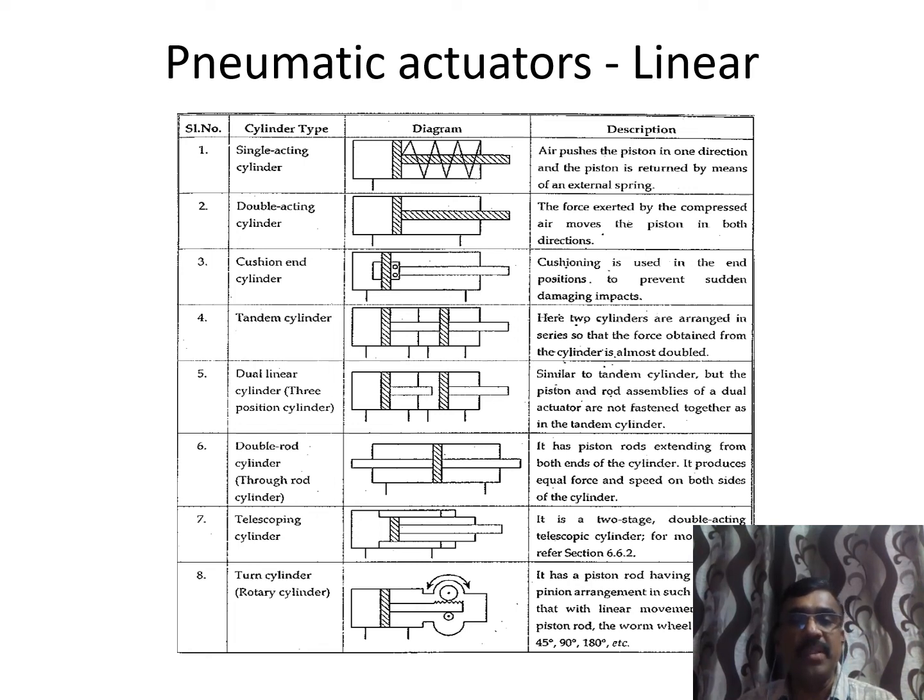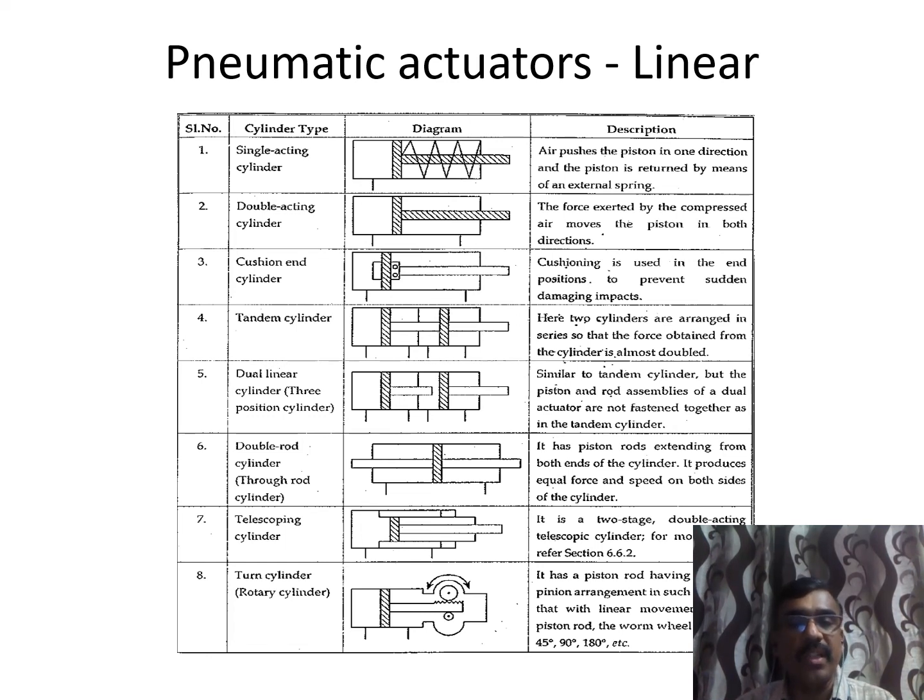A tandem cylinder is used if the cylinders and rods are extending further: this cylinder will operate and push the other cylinder further, so the extension will be very long. Then we use the tandem cylinder. Dual cylinders are again used with the help of pneumatics as well as mechanical work; both will be done in the dual cylinder.